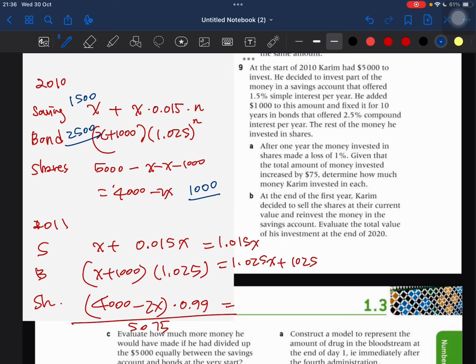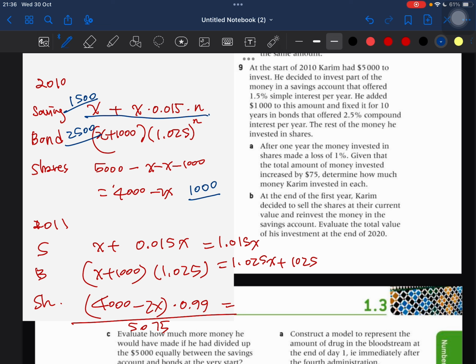That's why altogether 5000. At the end of the first year, Karim decided to sell the shares at their current value and reinvest the money in the saving account. Okay, so this is his first 1500 calculation.